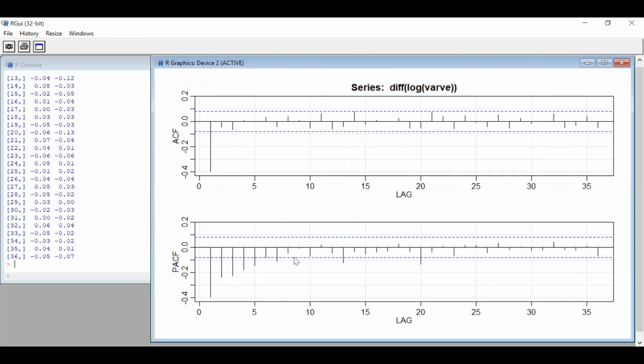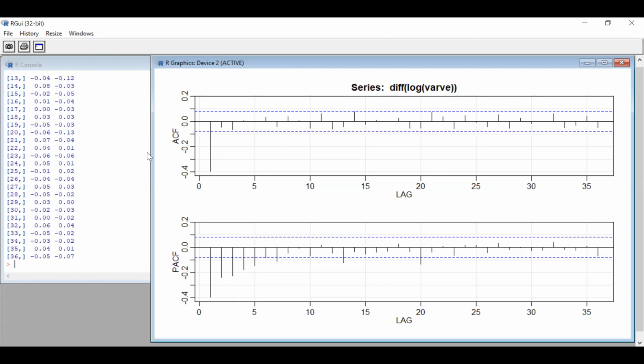And the ACF cuts off at lag 1. So what was the pattern? It's a cut off in ACF and tails off in PACF. What was it? When I look at the table, to remember the table, in this case we suspect the MA model.